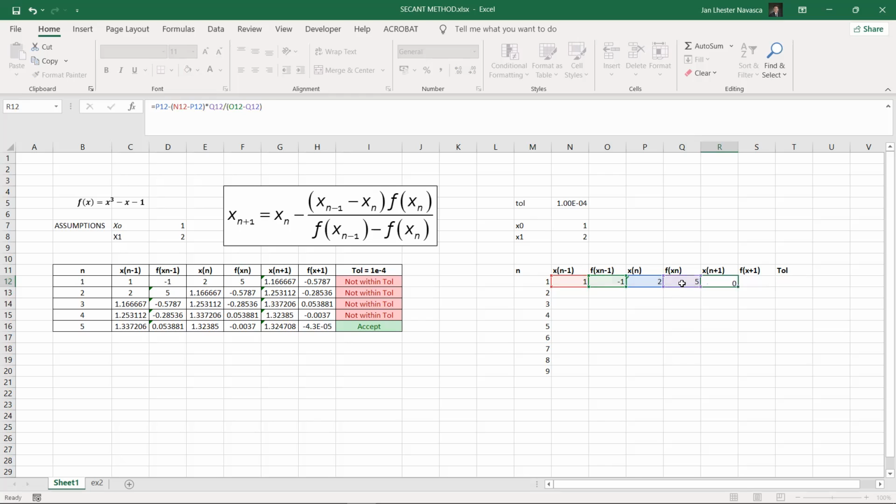So you have 1.16667. Then yung f of x plus 1, kung ano yung value nung nandito, ilalagay mo lang dito.